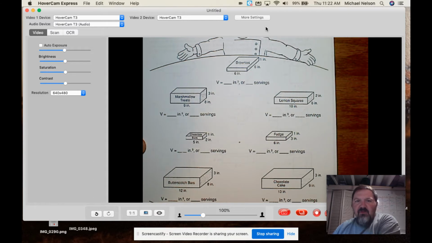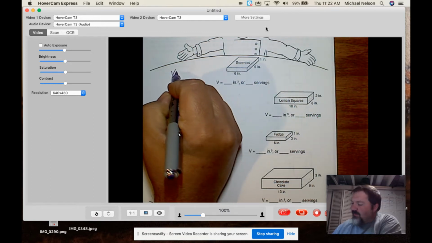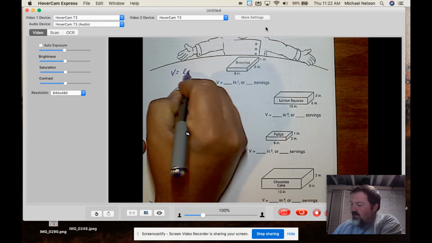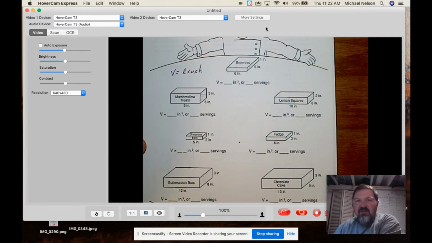So volume is something that you've worked with in 5th grade. Hopefully we don't have to spend a whole lot of time on that anyway, but the formula for any rectangular prism or any box is volume equals length times width times height, just like that comic told you earlier.